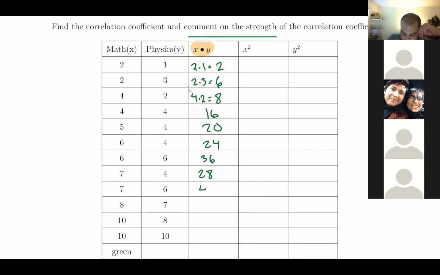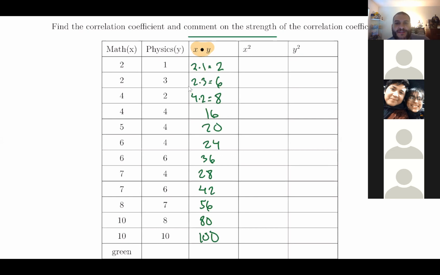Ooh, that's 42. Yeah, 42. Oh, 8 times 7, 56, 80, and 100. All right, we're all done for column 1.